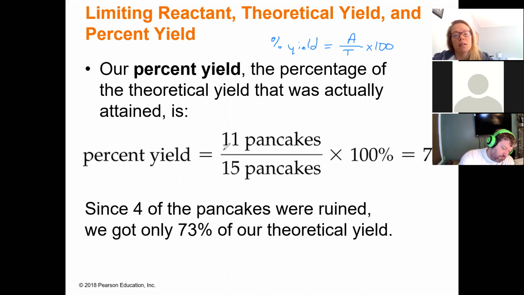So with our percent yield, it's going to be the 11 pancakes over the 15 pancakes that we could have potentially made times 100, and we get a percent yield of 73%. So you were 73% good enough at making pancakes. I don't know, burning 4 of 15 pancakes or ruining 4 of 15 pancakes, that seems like a high loss value.